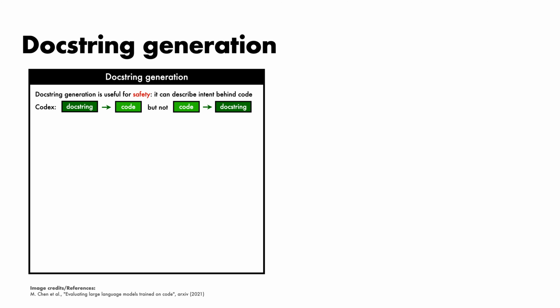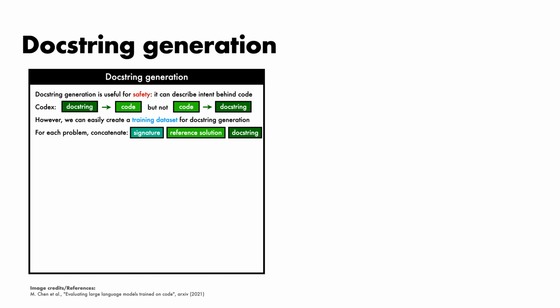However, given the data pipeline we've described, we can easily create a training dataset for code-conditioned docstring generation. In particular, for each of the collected problems, we can now create a training example by concatenating a function signature, a reference solution, and finally the docstring.